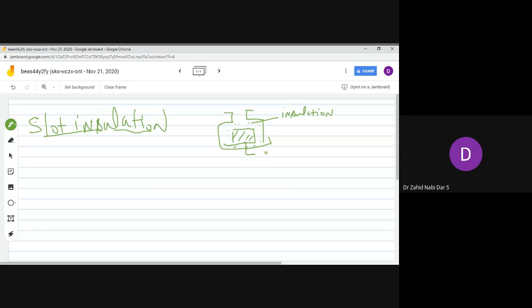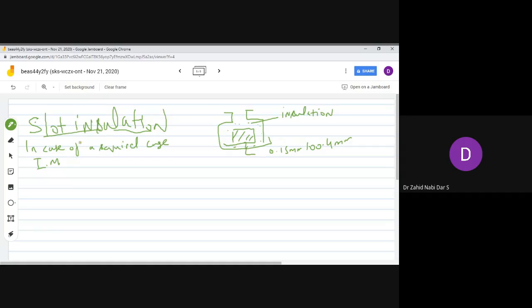So this is the slot insulation in the case of a squirrel cage induction motor.